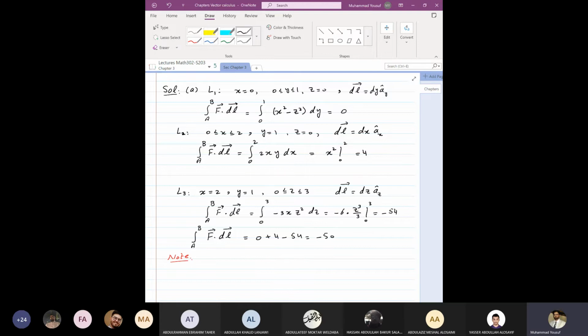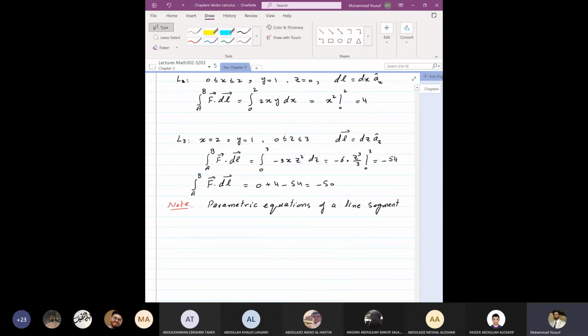Parametric equations of a line segment, a piece of line, not a line from minus infinity to plus infinity.